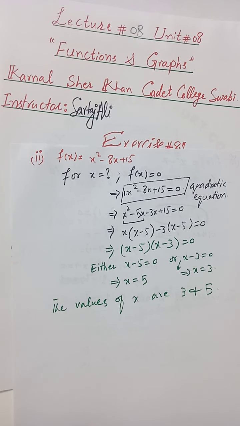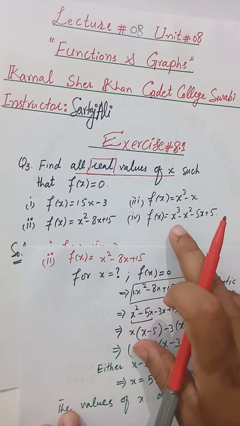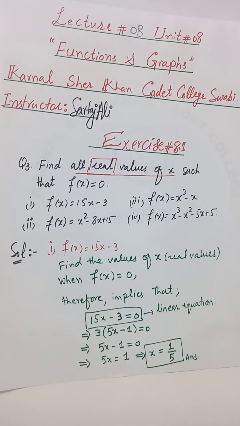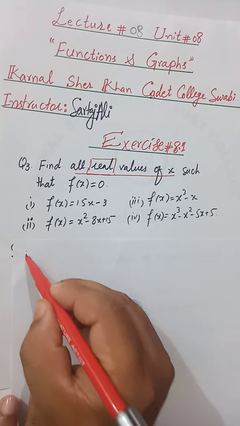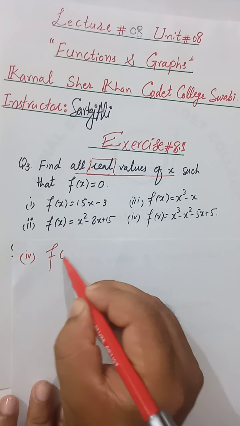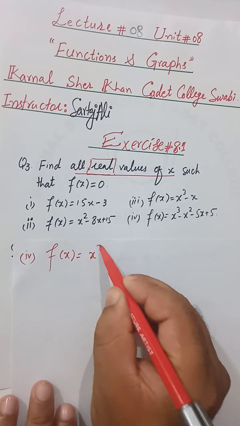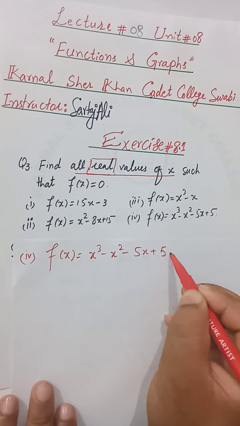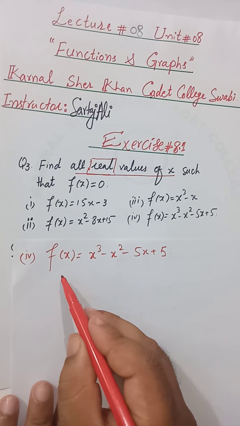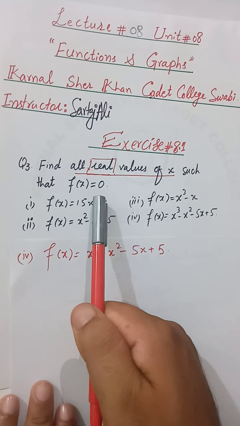Now switching towards part number 4. You see that this is your part number 4. So in part number 4, f of x is equal to x cube minus x square minus 5x plus 5. So equate this f of x equal to 0 for the values of x.